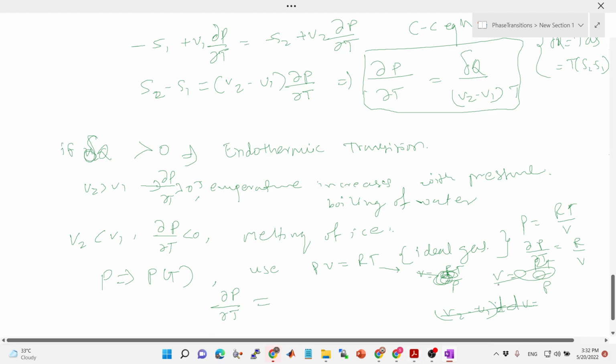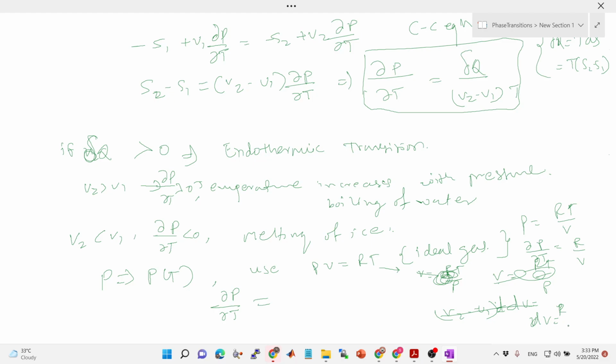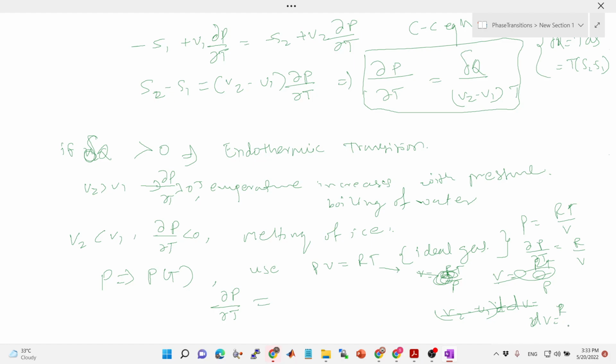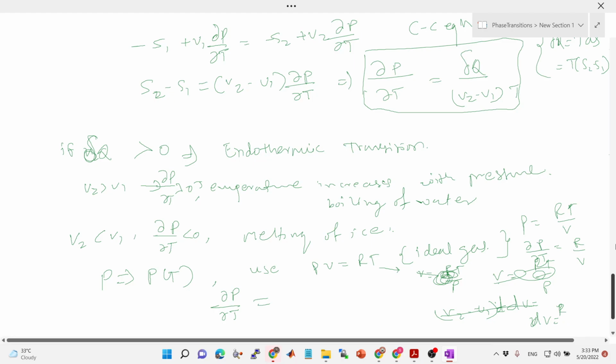I forgot about this, there's a T in the denominator. So let's keep delta Q as it is.